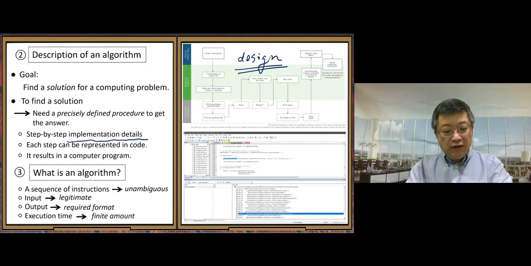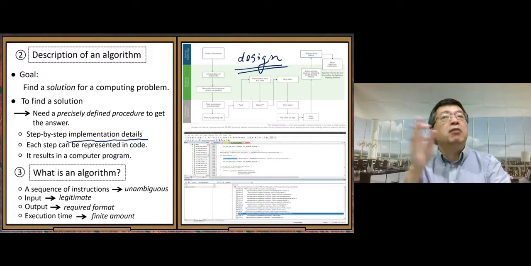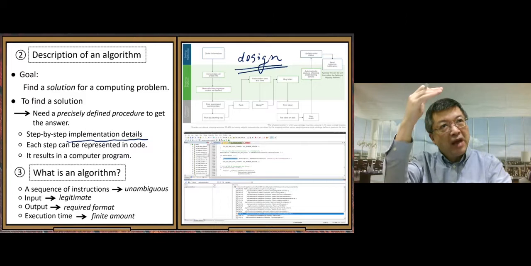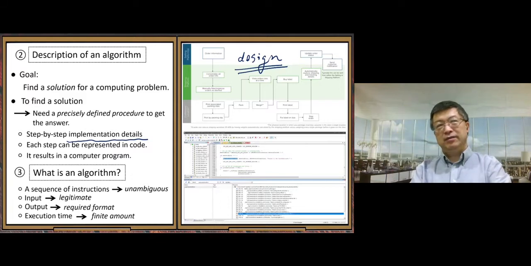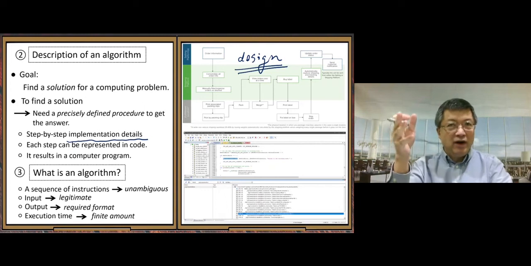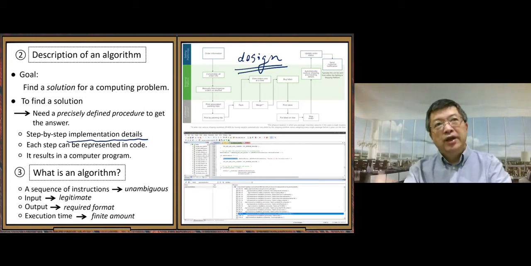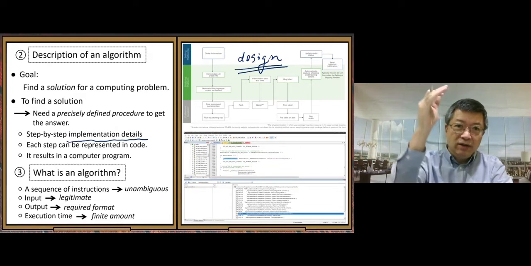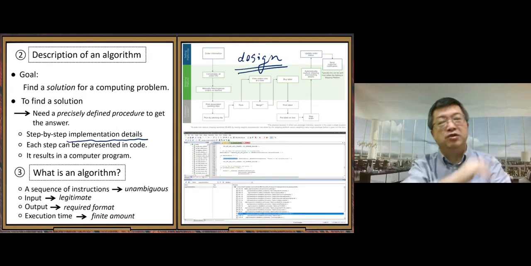First, it must be finite amount, right? The algorithm can terminate. So not running forever, can never generate output. That's useless, right? So the lowest requirement, the minimum requirement, finite amount for the execution time.